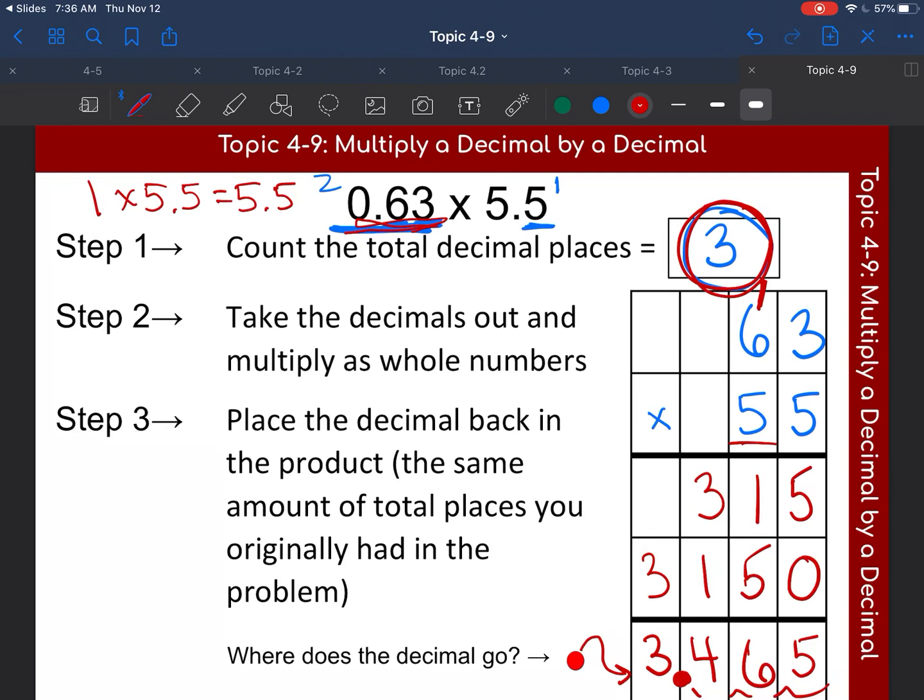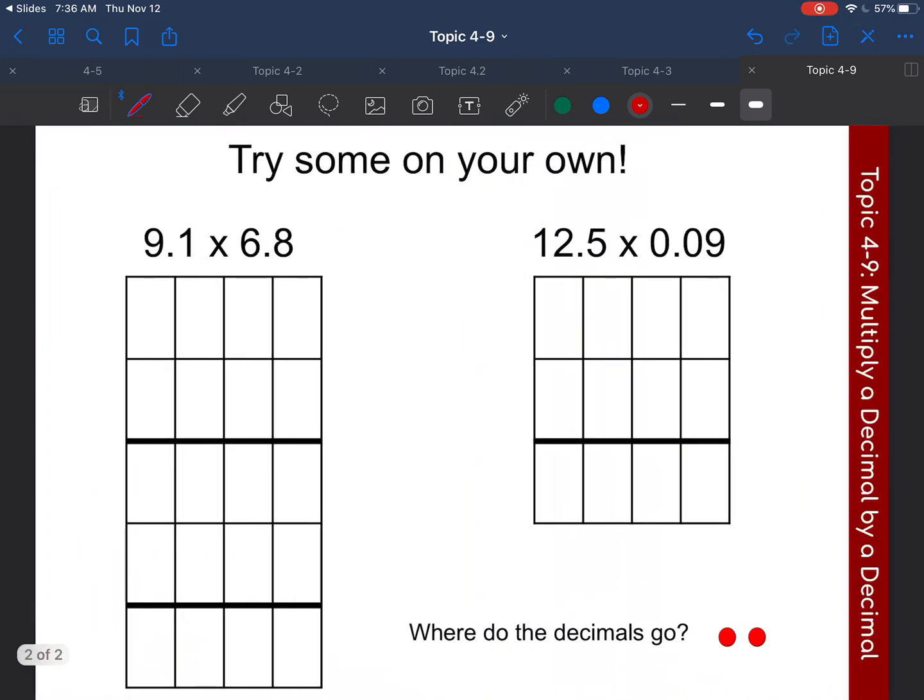Let's do a few more practice problems. 9 and 1 tenths times 6 and 8 tenths. In this problem, how many total decimal places do we have? We have 2 total decimal places, so our answer should have 2 total decimal places. We take the decimals out, 91 and 68, and we multiply.